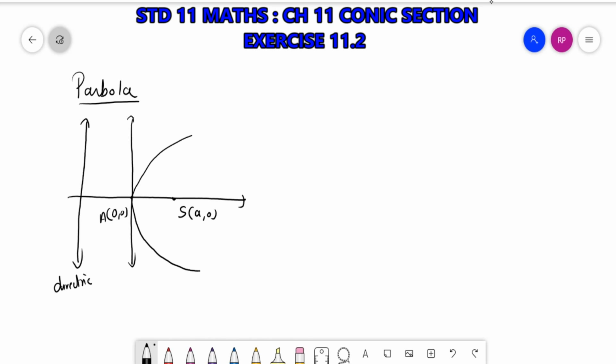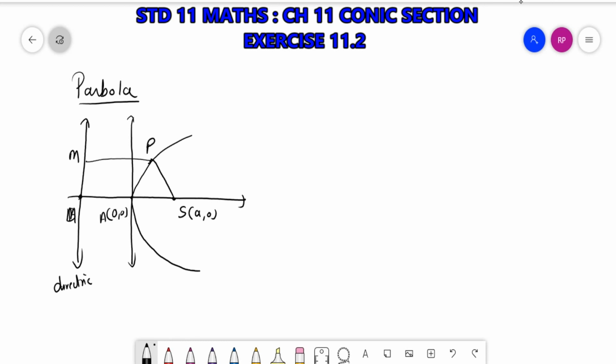Okay. Now say in parabola, if I take here, let's take this point as P, and let's take this M. Now if I take any point on this curve, then the distances SP and PM both will be the same in this type of curve.